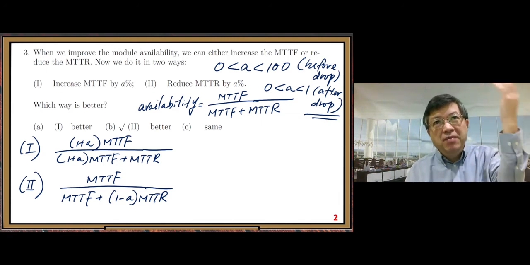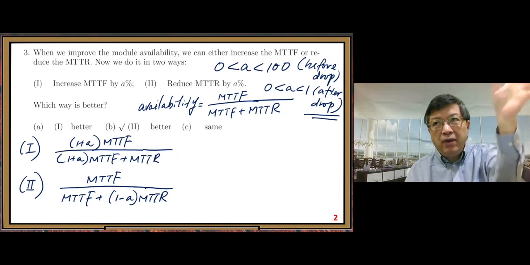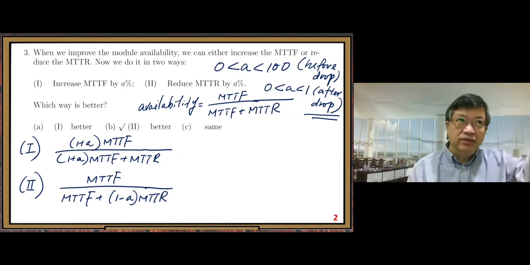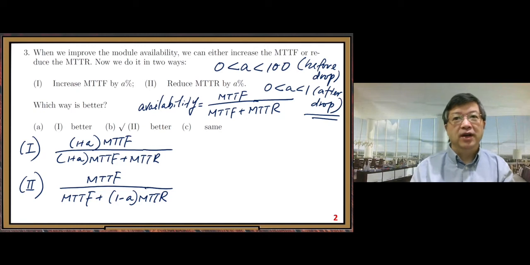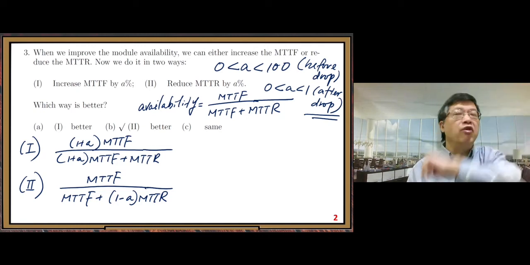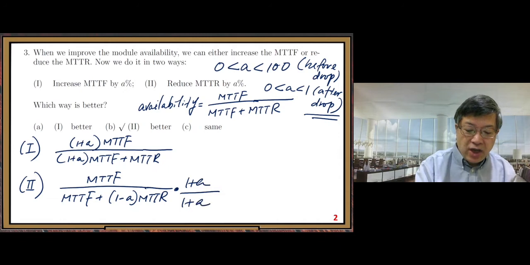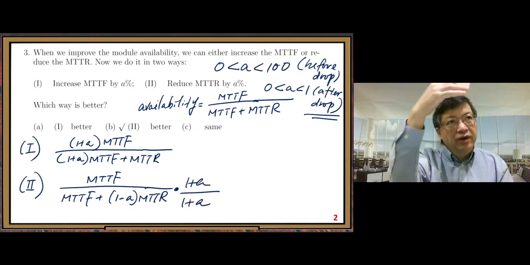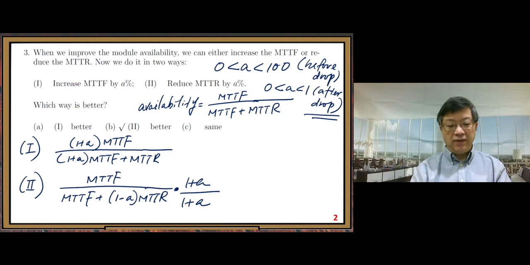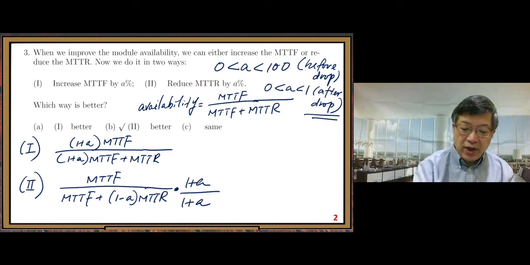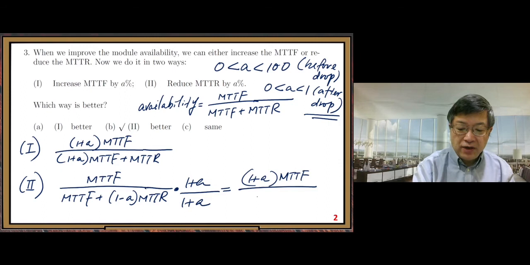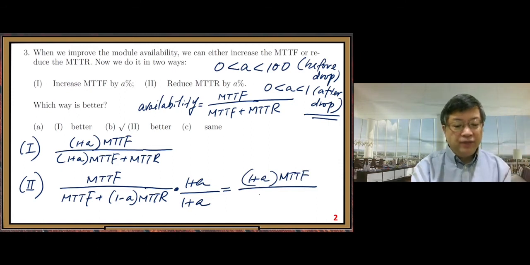But we can use the same idea as the one in our example, double and half. Here we do a similar transformation. The way to do the transformation is to multiply both the numerator and denominator by the same 1 plus A. In this way, we get 1 plus A times MTTF in the numerator, the same as case 1.